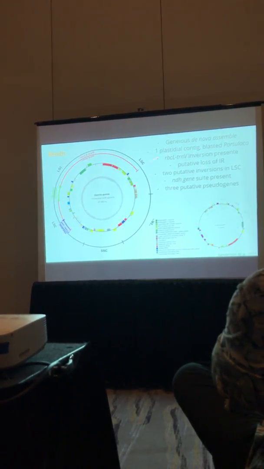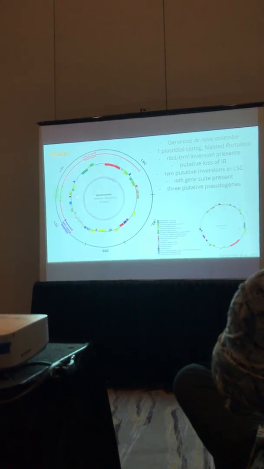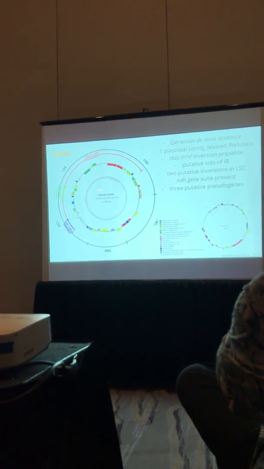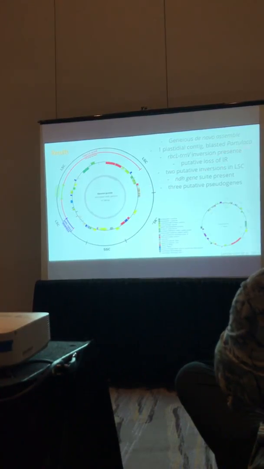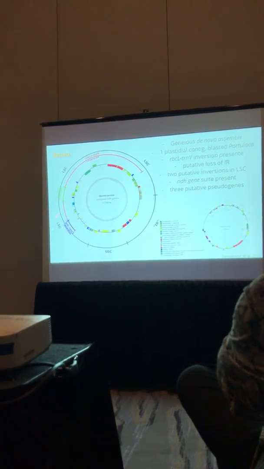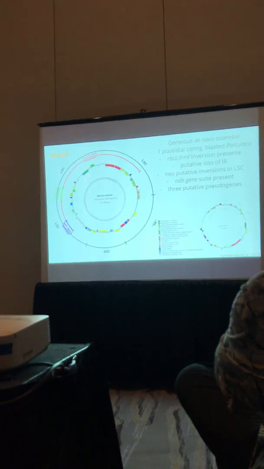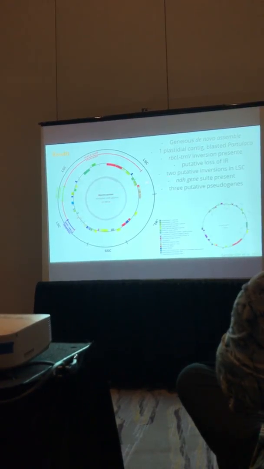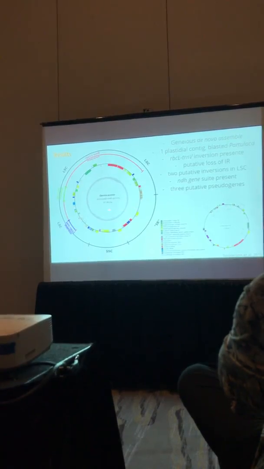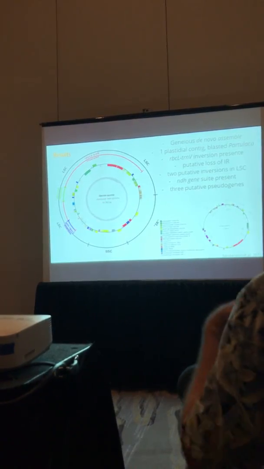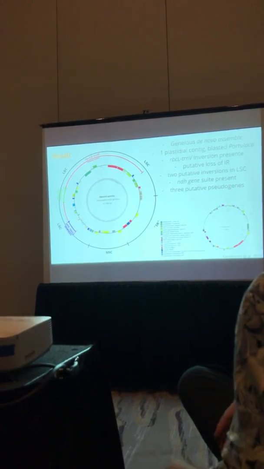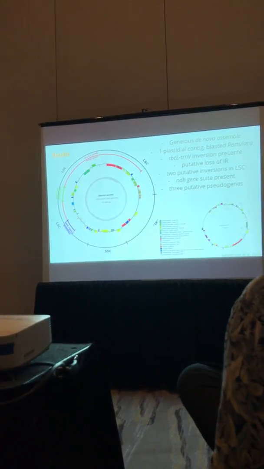We recovered the rbcL-trnV inversion, which is actually a synapomorphy of Cactaceae. We recovered a putative loss of one of the inverted repeats, two putative inversions in the large single copy, highlighted here, and the presence of the whole ndh gene suite in the chloroplast of Opuntia. We also recovered three putative pseudogenes, accD, ycf1, and ycf2, that we will talk about later.